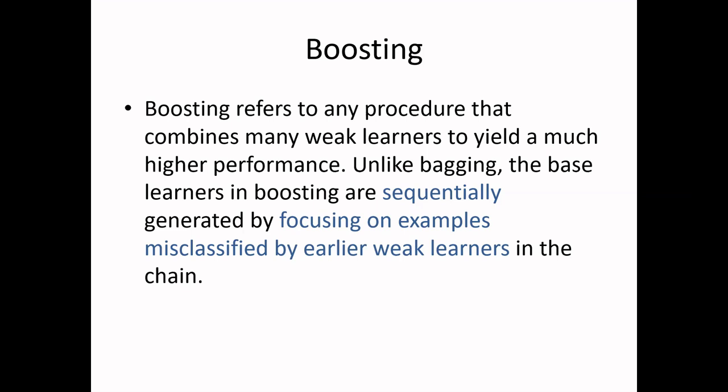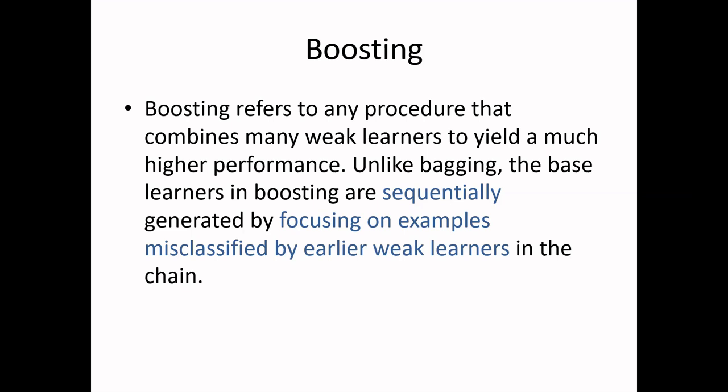So the next classifier that you build, you want it to focus on examples that were incorrectly classified by the previous one. It's like when you're learning: I give you a simple exercise first, and once you are done with that, I give you a slightly more complicated exercise, and then a more complicated exercise, and so on.